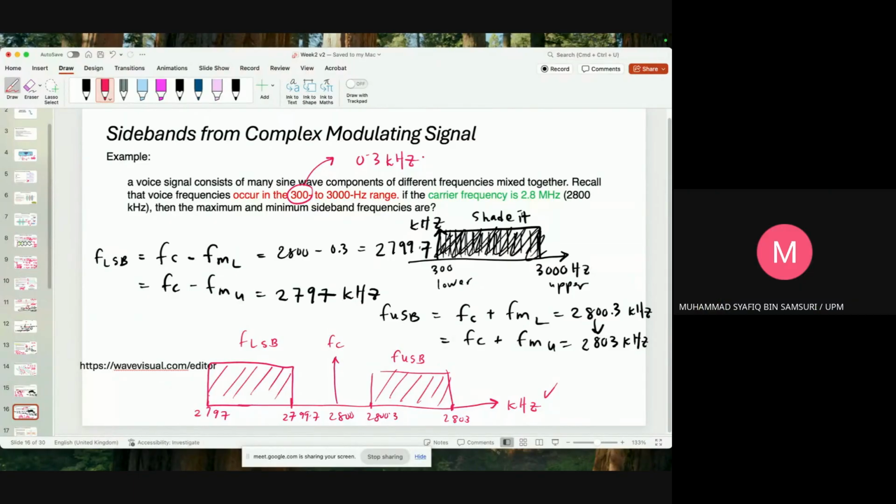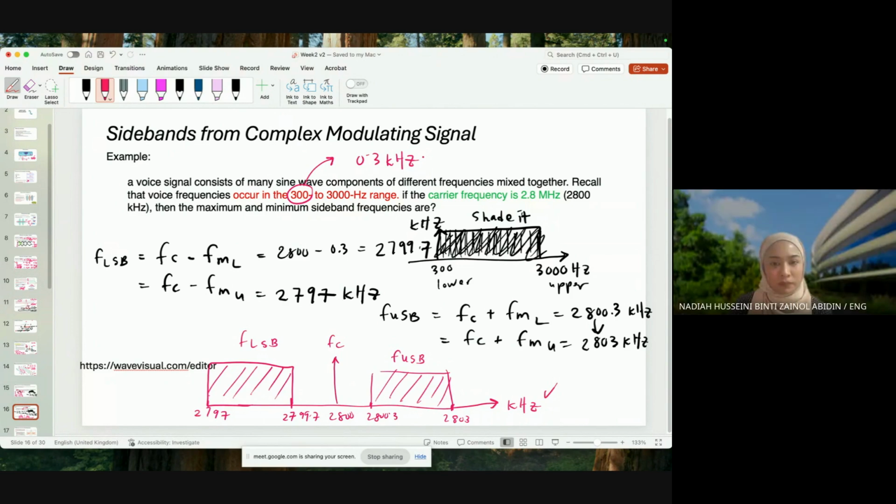Doctor, is the graph the final answer? That's not the final answer. The question asks for the maximum and minimum sideband frequencies, so you have to give the range.